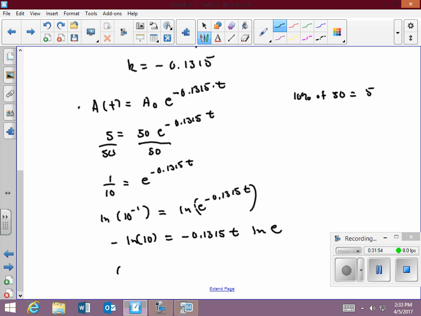So then t is going to equal what? Dividing both sides by that negative 0.1315, and you'd have a negative on the other side, so you'd just have ln of 10 over 0.1315, right?